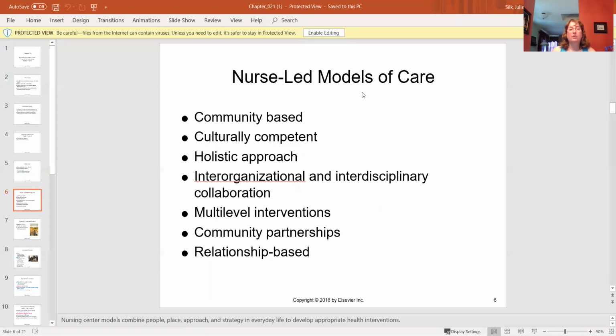So these nurse-led models of care are community-based, they're culturally competent, they take a holistic approach, meaning they look at mind, body, and spirit. They are international and interdisciplinary collaboration, they have that going. They have multi-level interventions, community partnerships, and they are relationship-based.